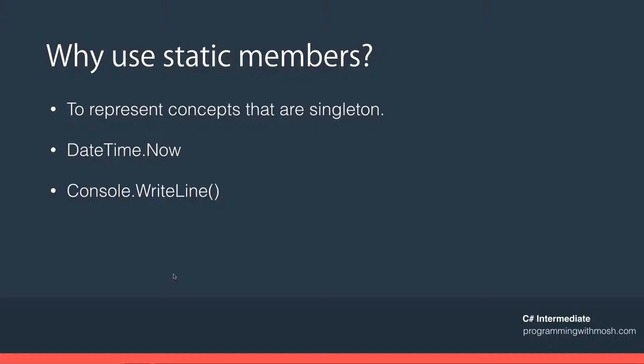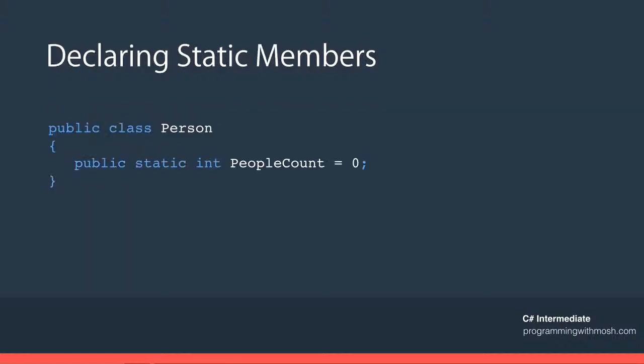Another example is Console.WriteLine. When we run a console application, basically we have only one console, and that's why the Console class and all its members are defined as static. To declare a member as static, all you have to do is to use the static keyword after the access modifier. You can use static on any members of a class.